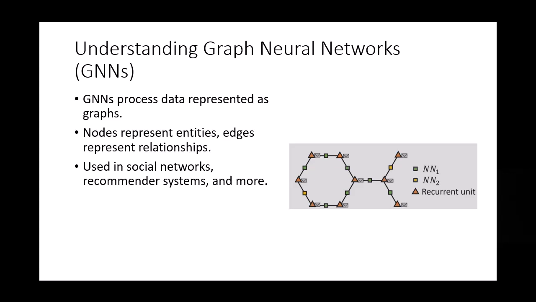So beginning with the GNNs, the graph neural networks, GNNs are designed to handle graph structured data. Unlike traditional deep learning models which work on images and text, GNNs operate on nodes and edges, capturing relationships between entities.